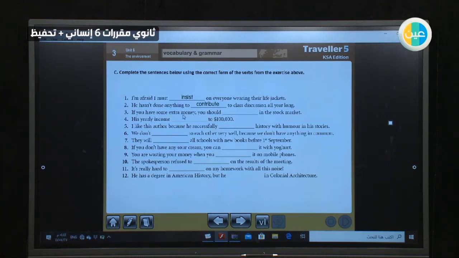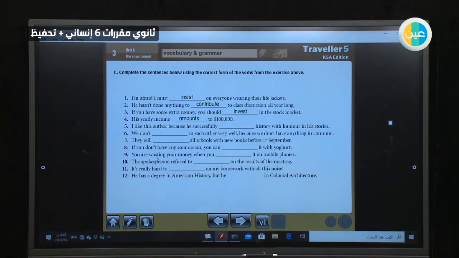If you have some extra money, you should invest in the stock market. Yes, invest in. His yearly income, salary, or let's say bigger than salary, amounts to $100,000. Yes.